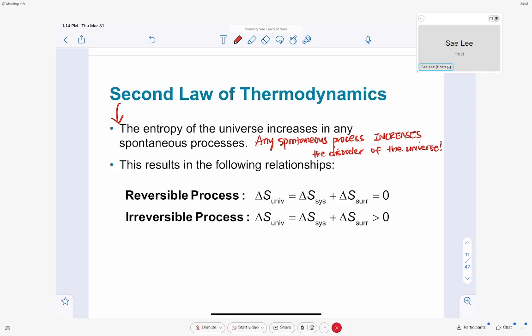That's the second law of thermodynamics. So because any spontaneous process is irreversible, as we learned before, we have the expression, the change in entropy of the universe is larger than 0 for an irreversible process.